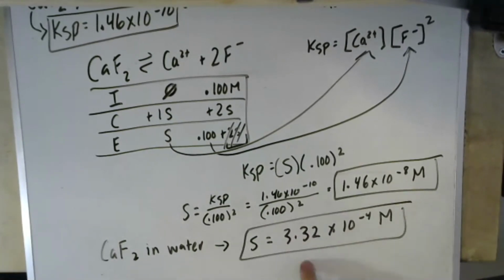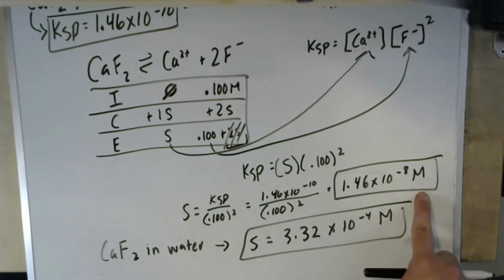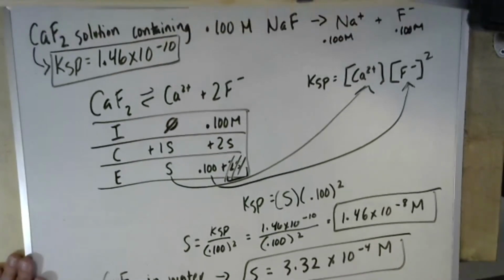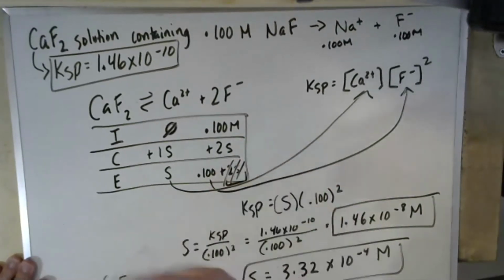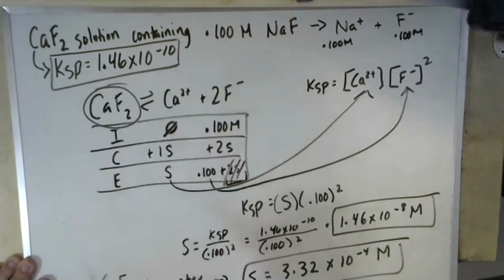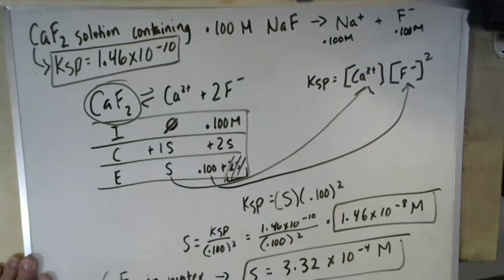So it is way more soluble in water than it is in the sodium fluoride solution. And that's because when you have a common ion present, it's going to reduce the solubility of the compound that you're looking at.